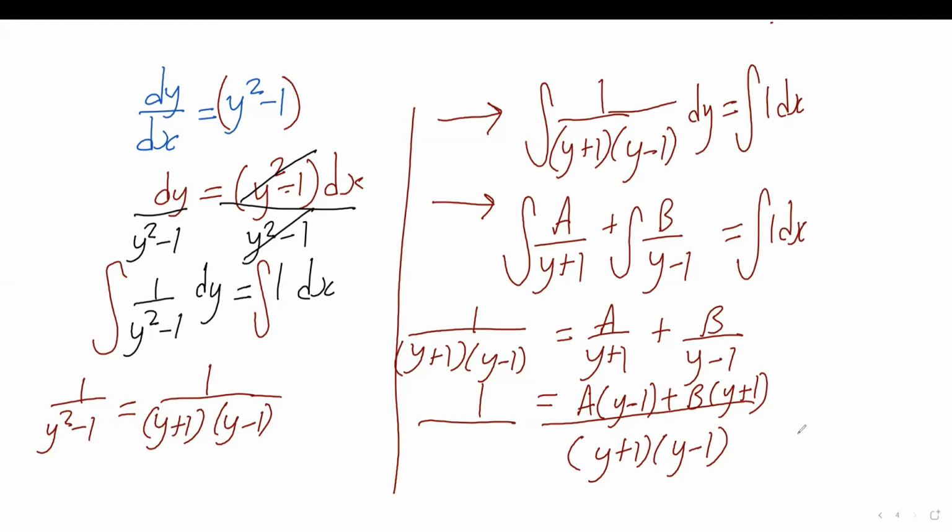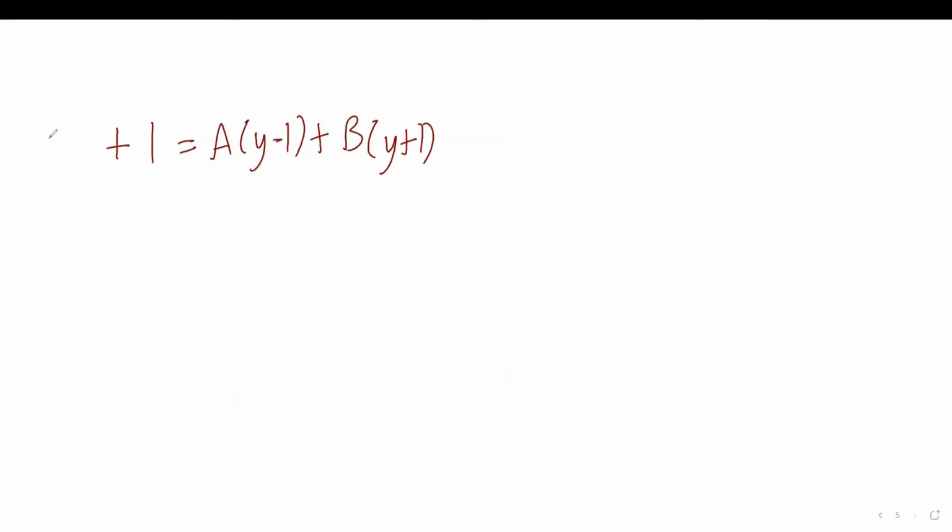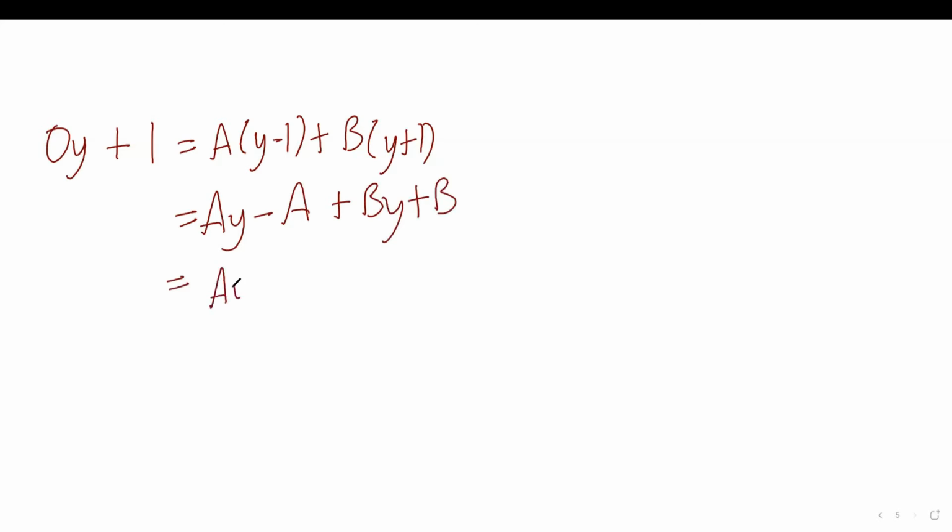Equating the numerators, we get 1 is equal to a times y minus 1 plus b times y plus 1. So notice there is no y over here. This is really 0y. So this is saying ay minus a plus by plus b. All right, then we can group the y terms, ay plus by, close the bracket, plus b minus a, and this is equal to 0y plus 1.